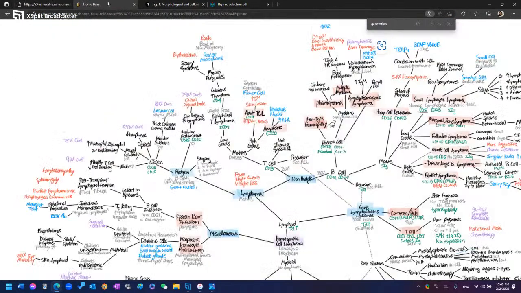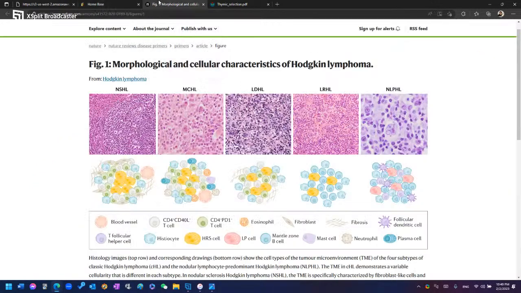I love some of these graphics I found. They're kind of beautiful. Okay, so there's the rich kind, where there's plenty of other cells here. I'm pretty sure that's what that is.